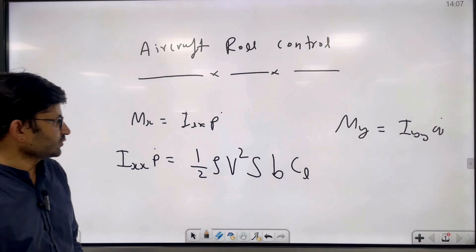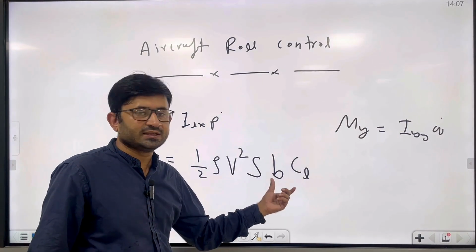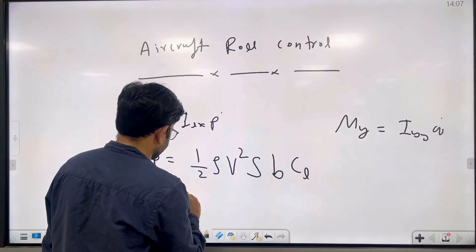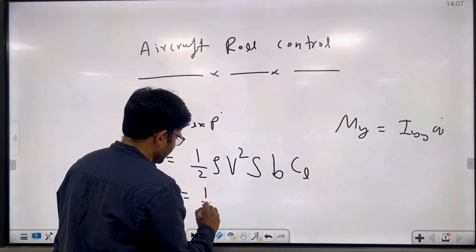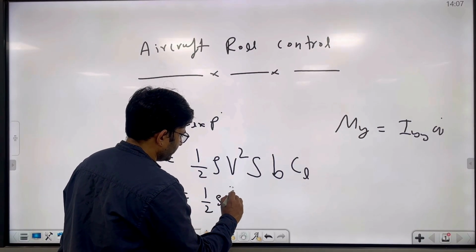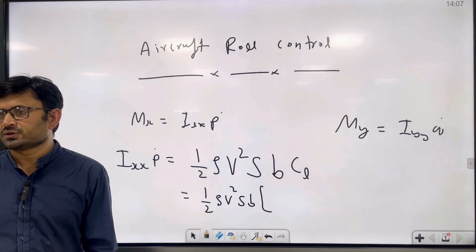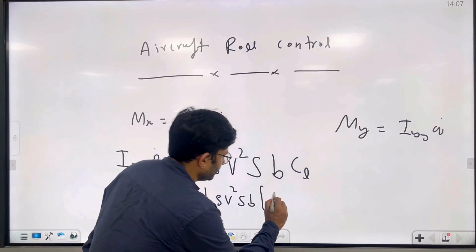In the pitch case you had half rho V squared S c into Cm. And Cl is the rolling moment coefficient. So you can write half rho V squared S b, the span, times Cl, because Cl will be a function of many parameters.